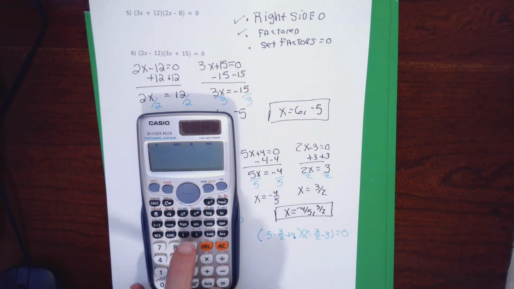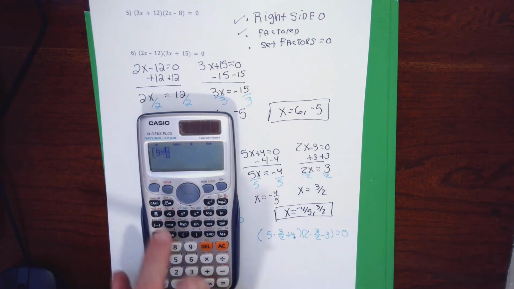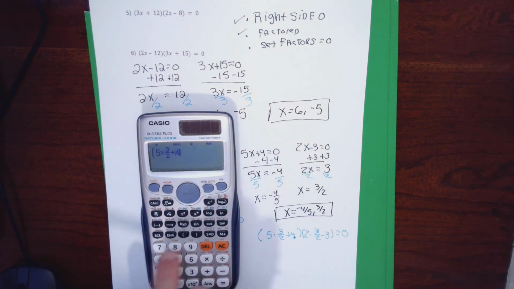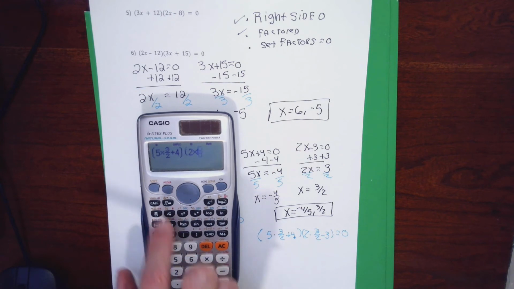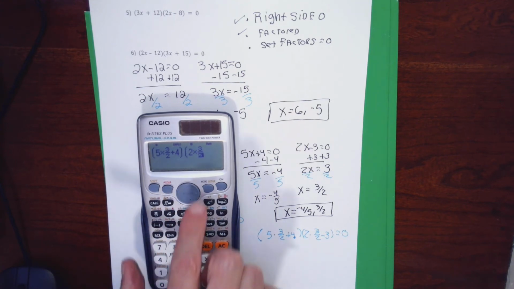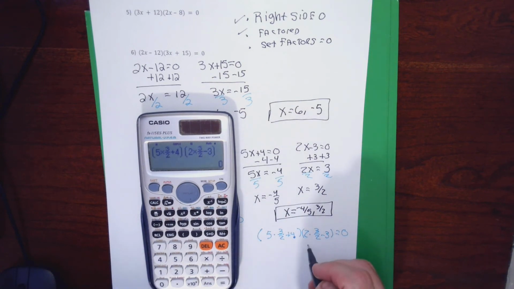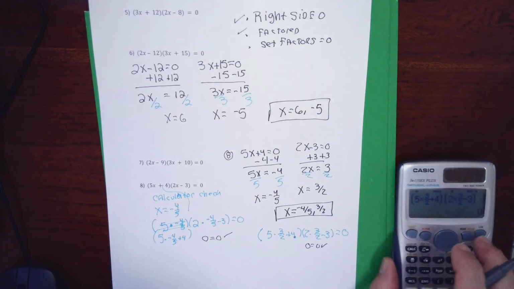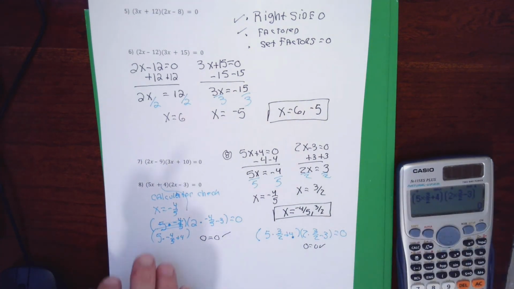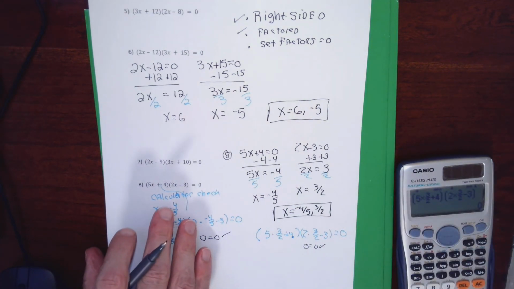So parentheses, 5 times fraction 3/2 plus 4, close out my parentheses. Second parentheses, 2 times fraction 3/2 minus 3. Beautiful. Both of these check just fine. So my answer to problem 8 is negative 4/5 and positive 3/2.